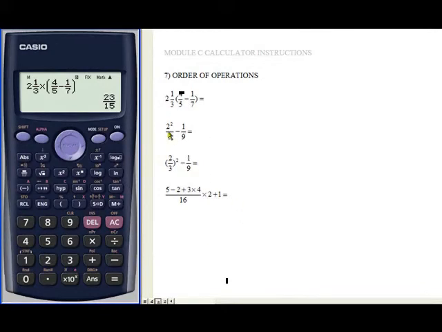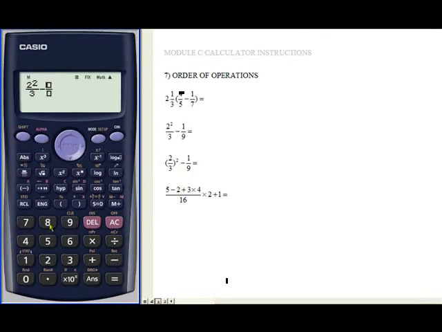Now, let's say I want to do 2 square over 3 minus 1/9. How do I do that? Go to your fraction. 2 square. You see it? 2 square? I just entered it. Right arrow. Now you get to the denominator part, right arrow, and you will actually see what you did.